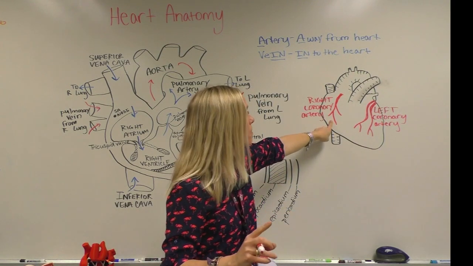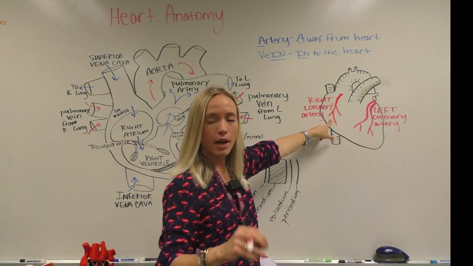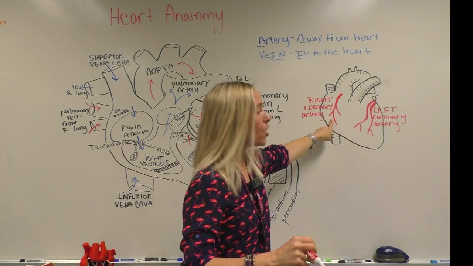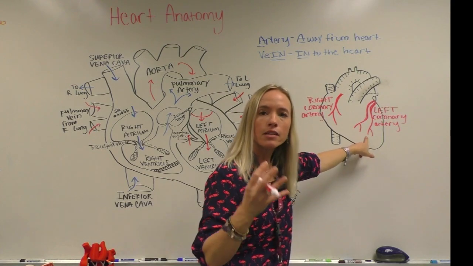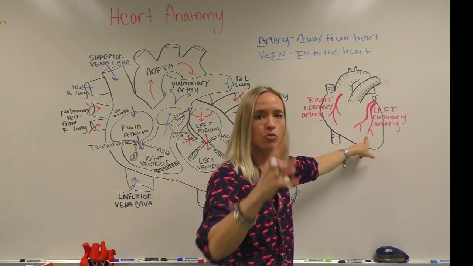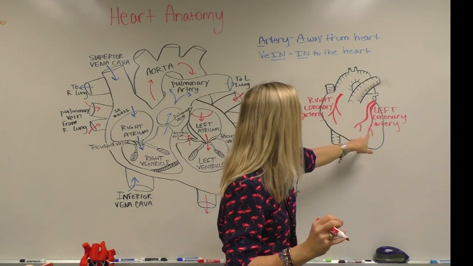And as you can imagine, a myocardial infarction on the right side is going to have a higher chance of survival than a myocardial infarction on the left side, since that left side is so crucial for pumping the blood out to the entire body. It's very important that that heart tissue stays healthy.